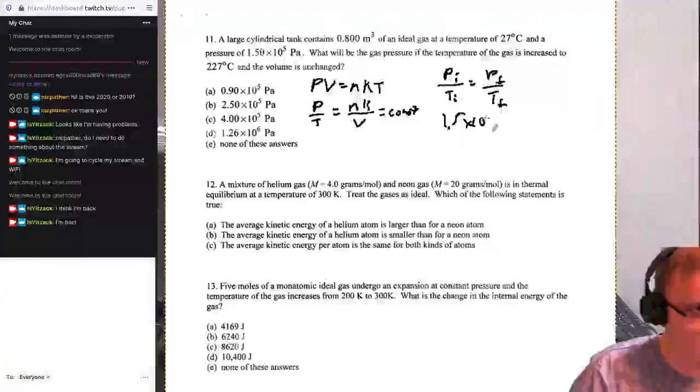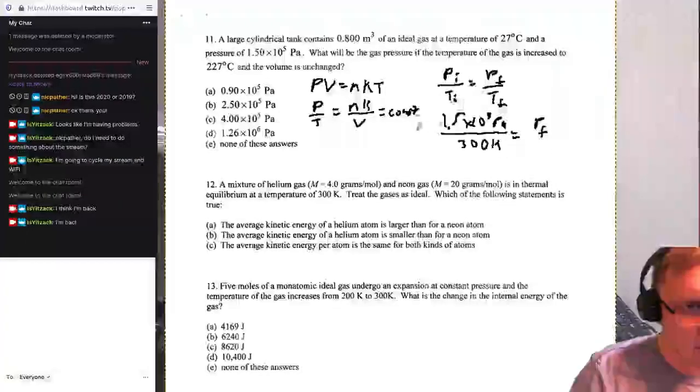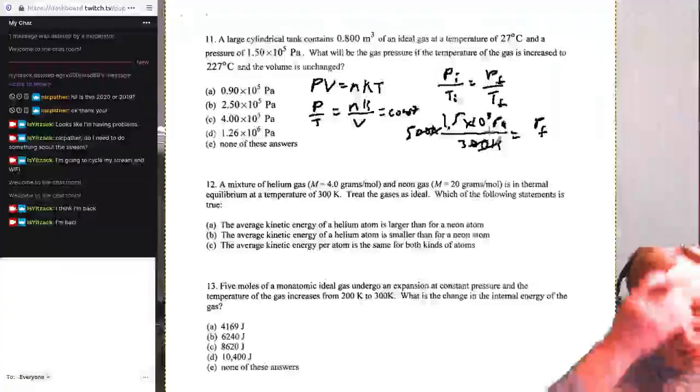1.5 times 10 to the 5 pascals divided by 300 Kelvin is equal to the pressure final that we are unfamiliar with. Multiply that by T final, up 200, so this is 500 Kelvin. 100 Kelvin cancels 100 Kelvin.